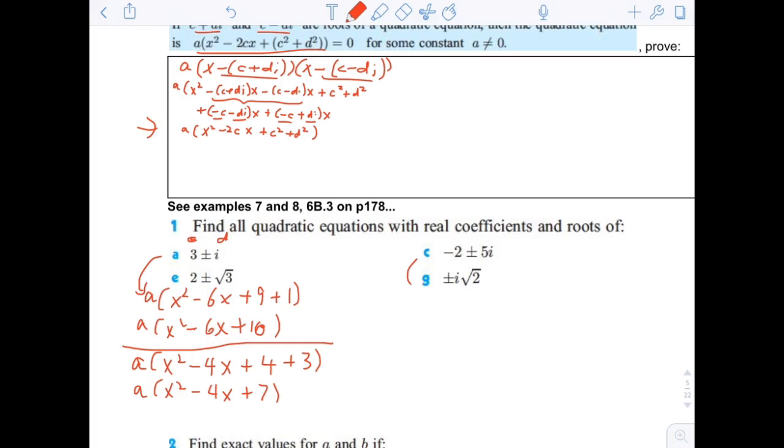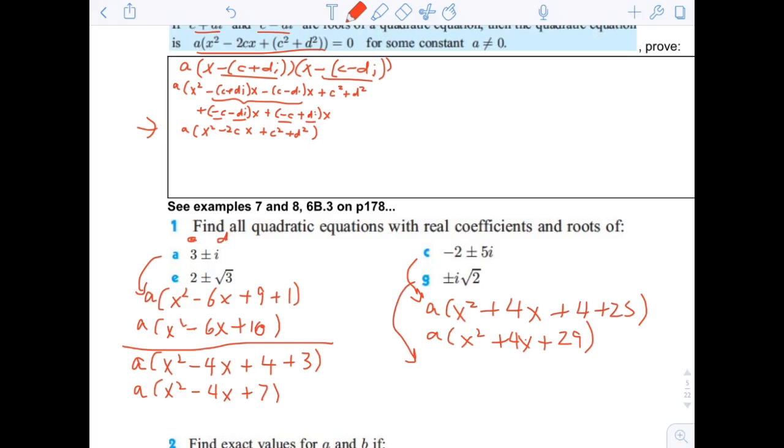Okay, let's do C. It would be a x squared, and 2c would be negative 4, so minus 2c would be plus 4x, plus c squared, which is 4, plus d squared, which is 25. So that's x squared plus 4x plus 29.